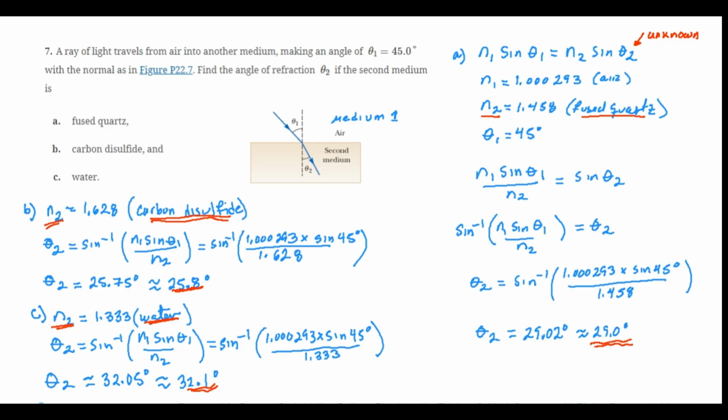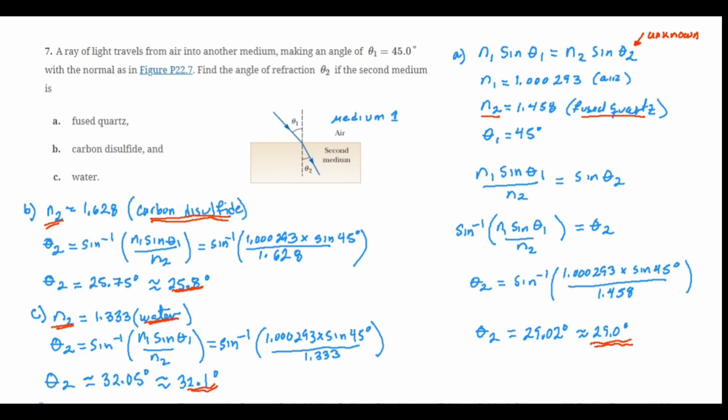So we found in this case this angle of refraction. Now, I would like just to analyze something with you.